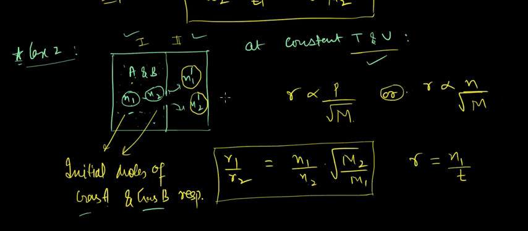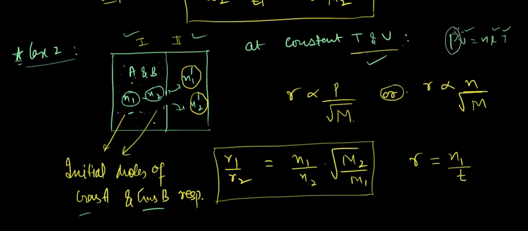So let's say N1 dash and N2 dash are the moles of the gas which were diffused into the second partition. So at constant temperature and pressure, we can write that rate of diffusion will be directly proportional to pressure. Why? Because we know that PV equals nRT. Now T, R and V are constant.